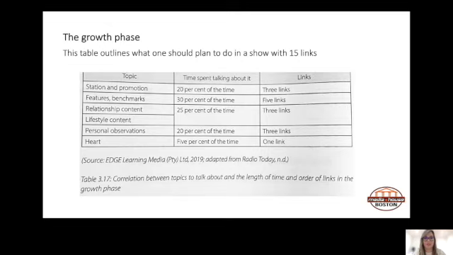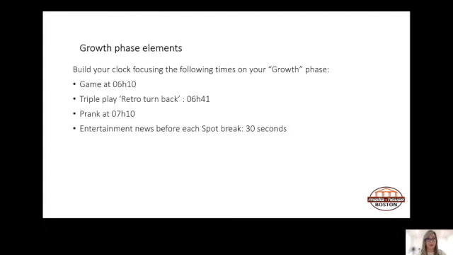Okay, so now let's plan our clock around our growth phase. The 2 previous clocks you did for me, the one was a breakfast clock, and then last week's one was an introductory clock, and now we're doing the growth phase.